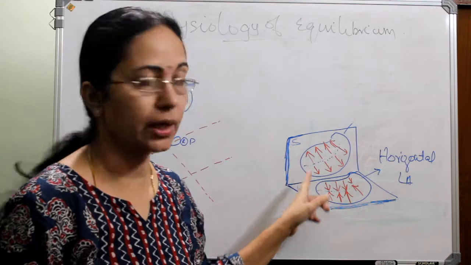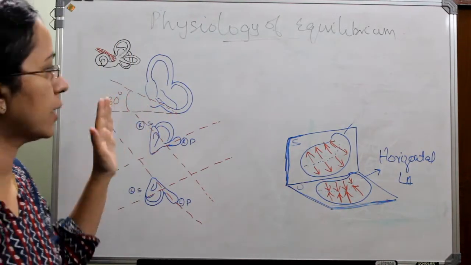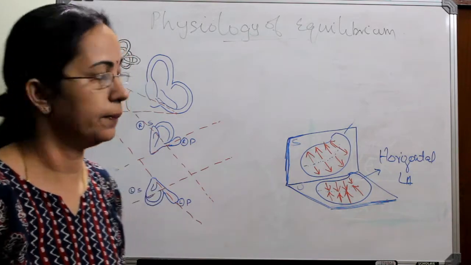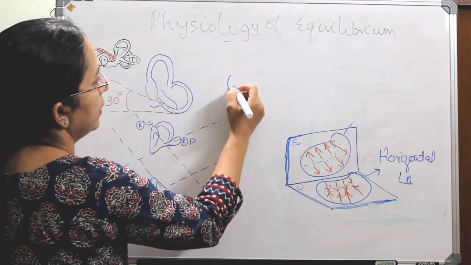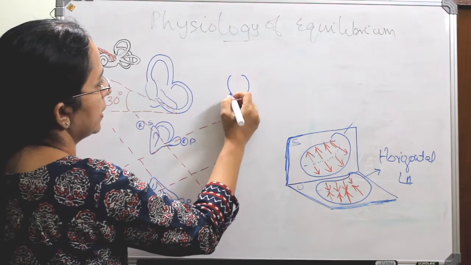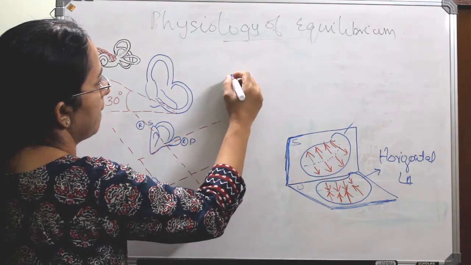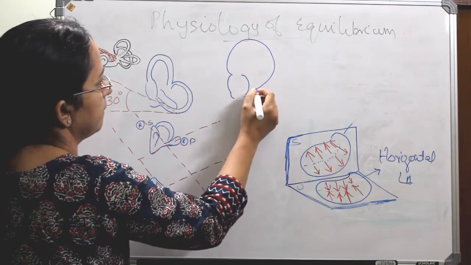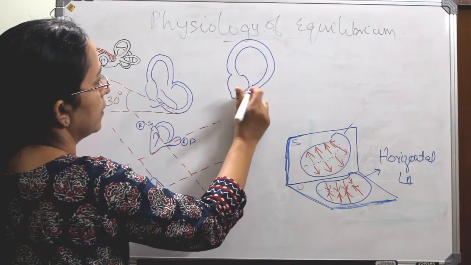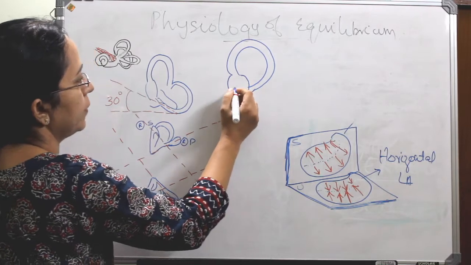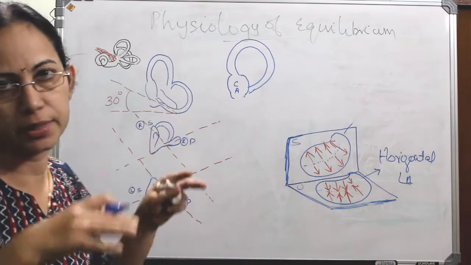Similar to the unique arrangement of the maculae of saccule and utricle, the crista of the semicircular canals are also arranged in a unique way. This is the horizontal semicircular canal, and the ampulla of this horizontal semicircular canal, this is the ampullated end, and the crista is situated within the ampulla.